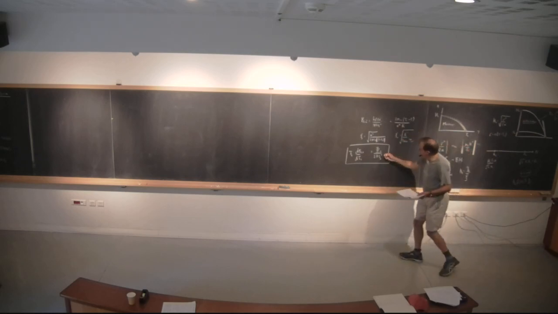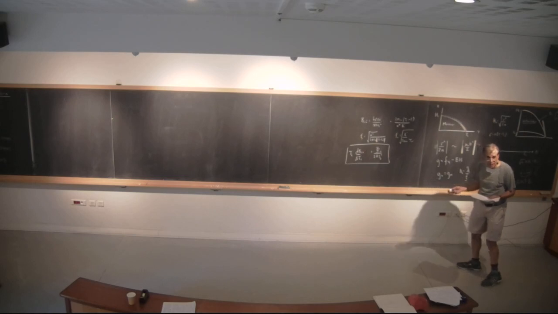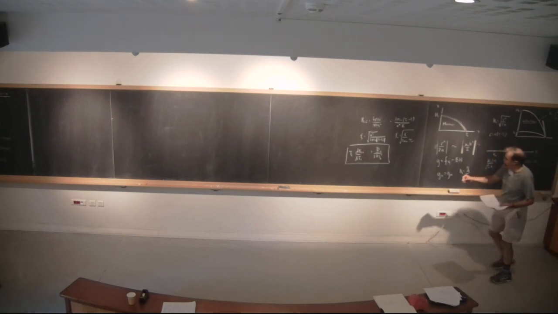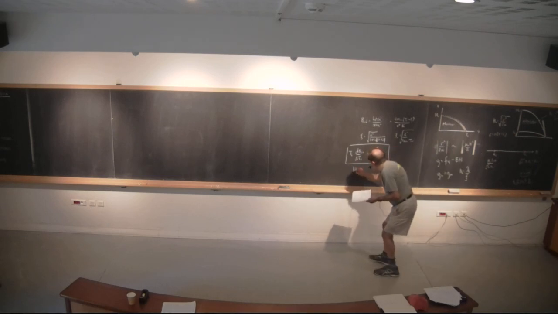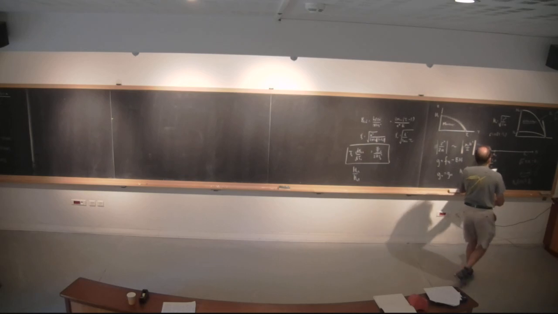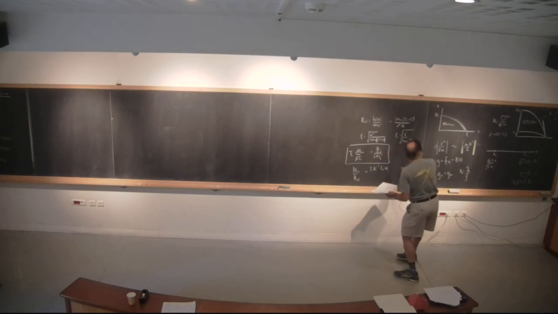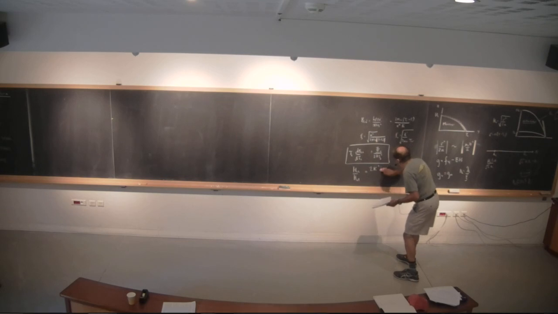So from this relationship here, you can pull out the coherence length. And by measuring the ratio of Hc2 to Hc1, you can see that you can get a measure of 2 kappa squared divided by log kappa.